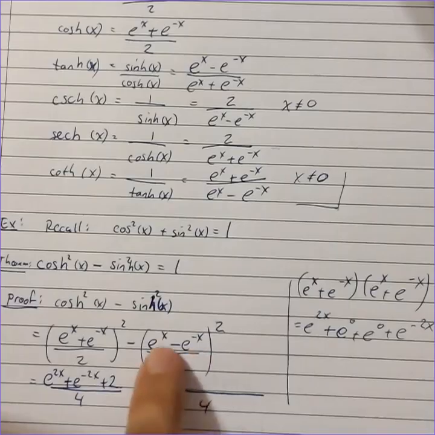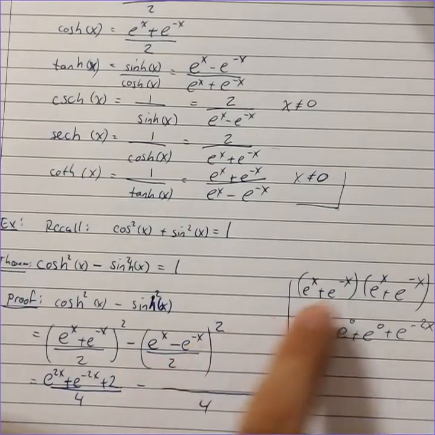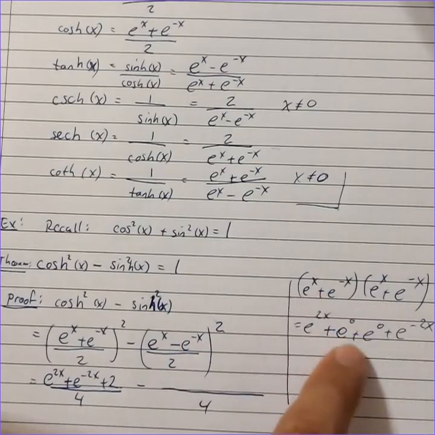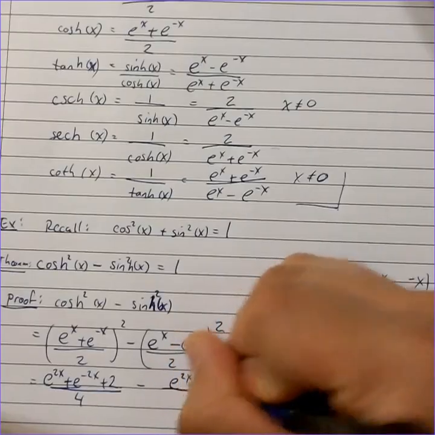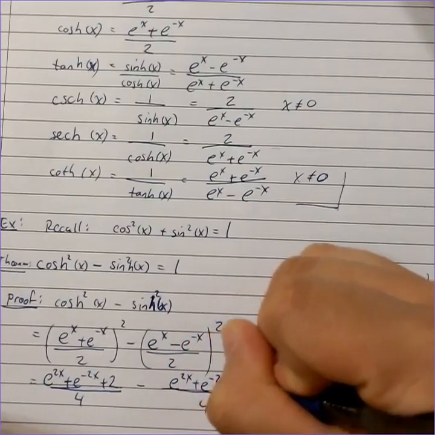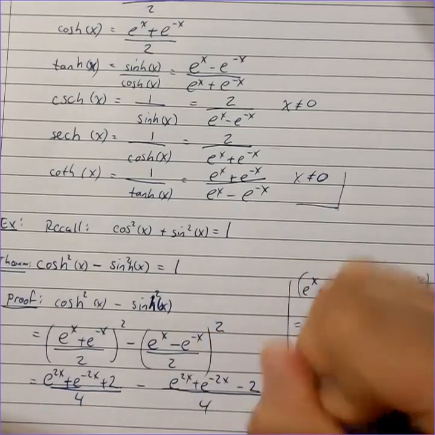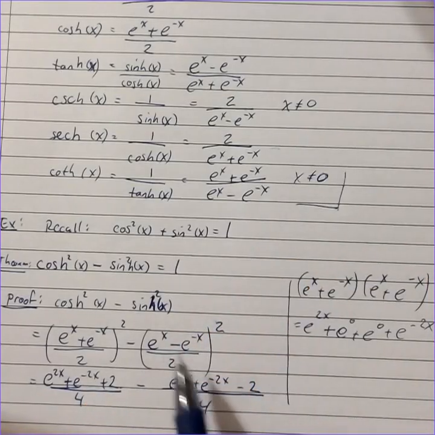And then we can do the same thing for this numerator. It'll work out the same way, except instead of having these be pluses, they'll be minuses. So the result will be e to the 2x plus e to the minus 2x, and then here that'll be a minus 2. So you can just distribute out the same way and you get this result.